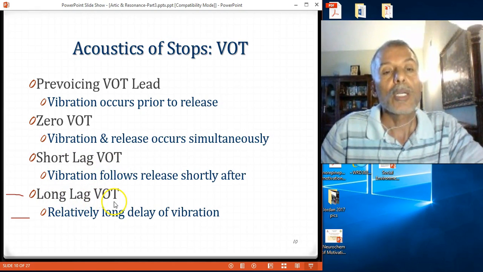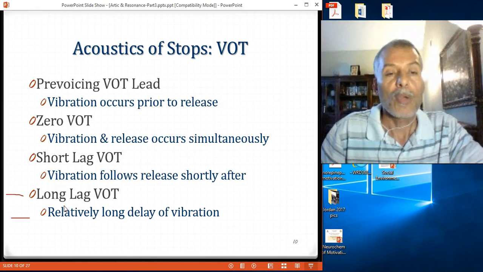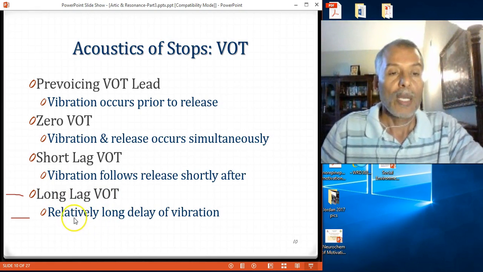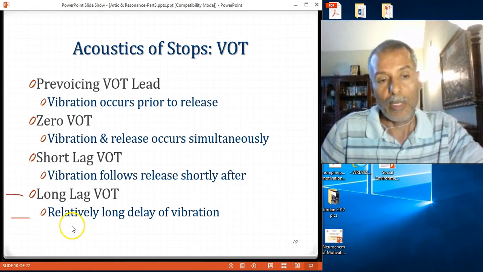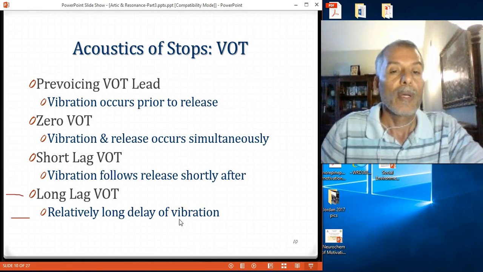Long lag voice onset time basically characterizes only the voiceless consonants, and it means that voicing occurs long after the release, a long delay for vibration to occur.